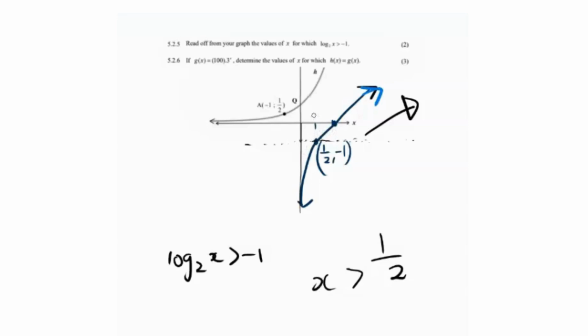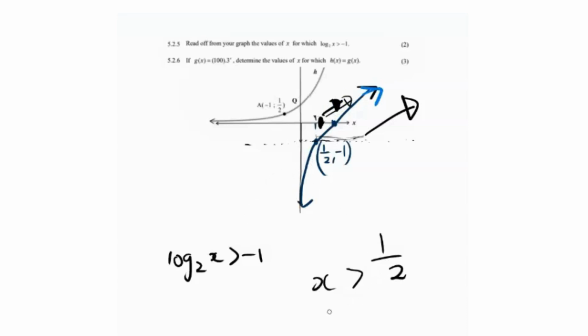So we know that from this point here, where y is negative 1, till positive infinity, it will be greater than negative 1. From this point here going forward, it will be greater than negative 1. Yet they want the x value.